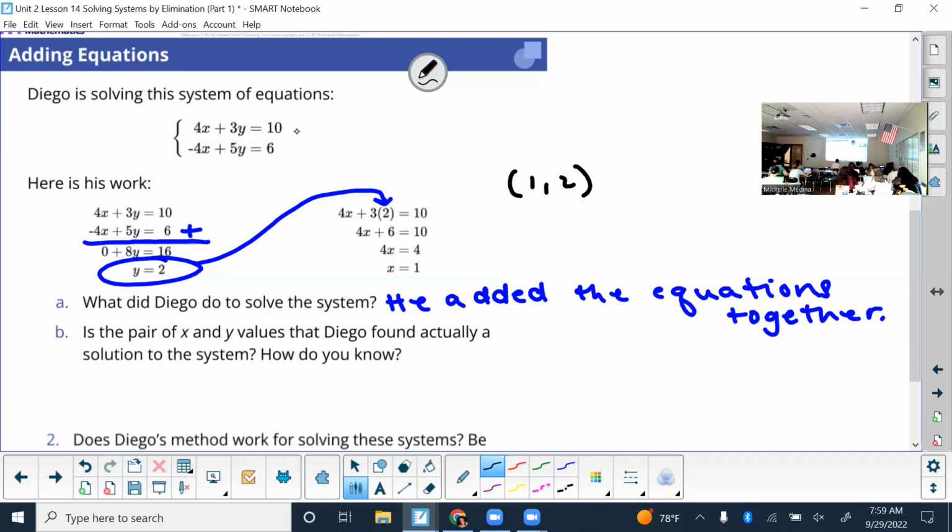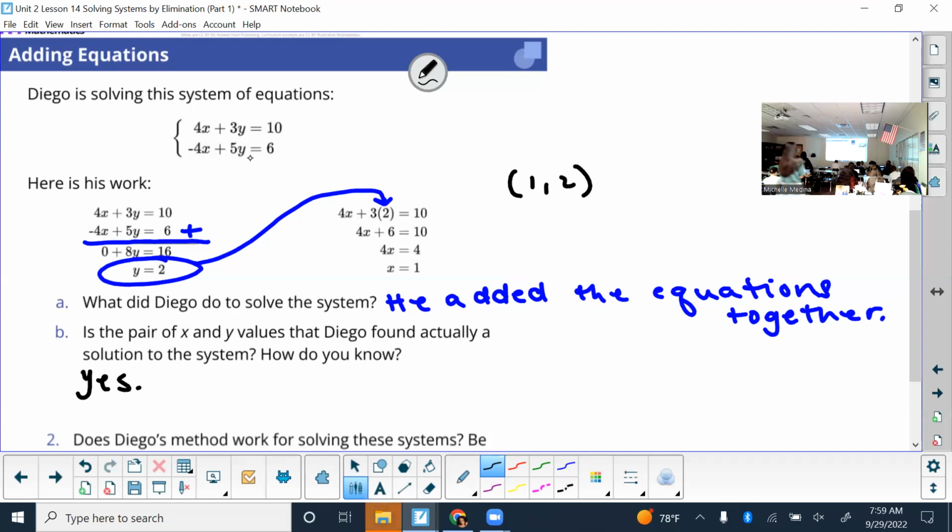Yeah, it is the one that we're working on. All right, so is the 1, 2 a solution to this system? And how did you verify that it's a solution?